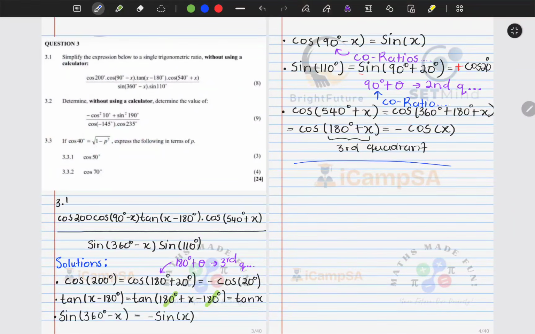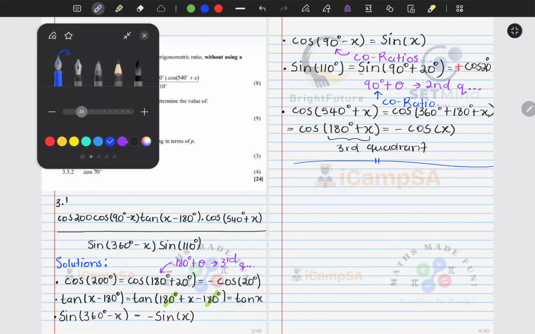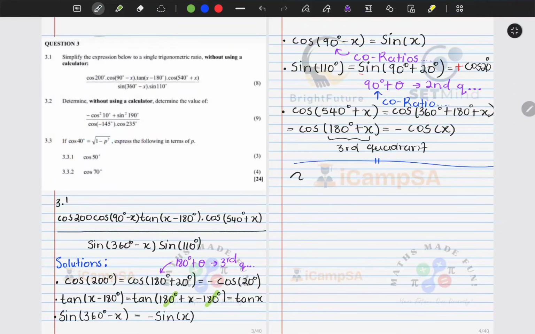Okay. So let's go now and plug back and see what we end up obtaining. Wherever we see cos of 200, we need to have minus cos of 20, multiplied by, wherever we see cos of 90 degrees minus x, we can have sine of x, then multiplied by, wherever there was tan of x minus 180 degrees, we end up having tan of x.